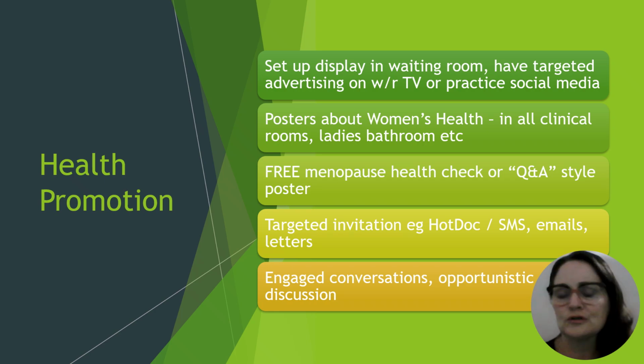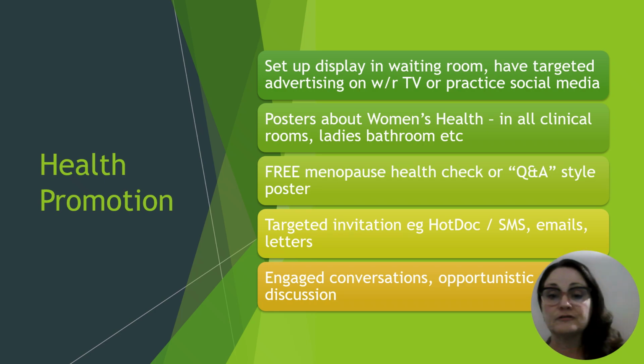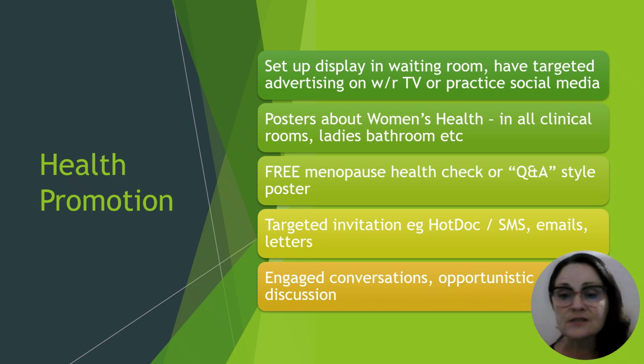Maybe they've been booked in to see you to have a 45 to 49-year-old health check, and in the process of that, they've started talking about these things, and you wonder if perhaps we're heading into this menopausal phase. Then you can recommend that they come back and do the menopause health check. So it can work both ways. But yes, having the conversations and having those opportunistic times where you can talk about that this is available to them, or recommending it.